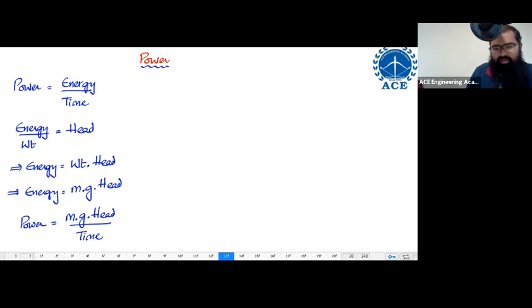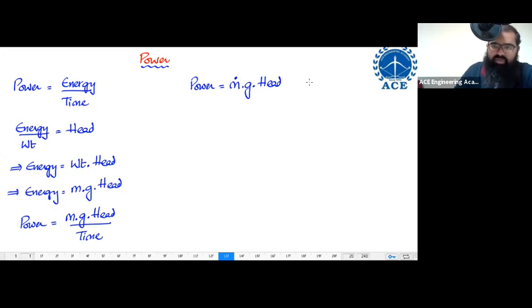Now look at this, mass per time. What is mass per time going to represent? It is going to represent mass flux. Therefore, power is equal to mass flux multiplied by g multiplied by head.